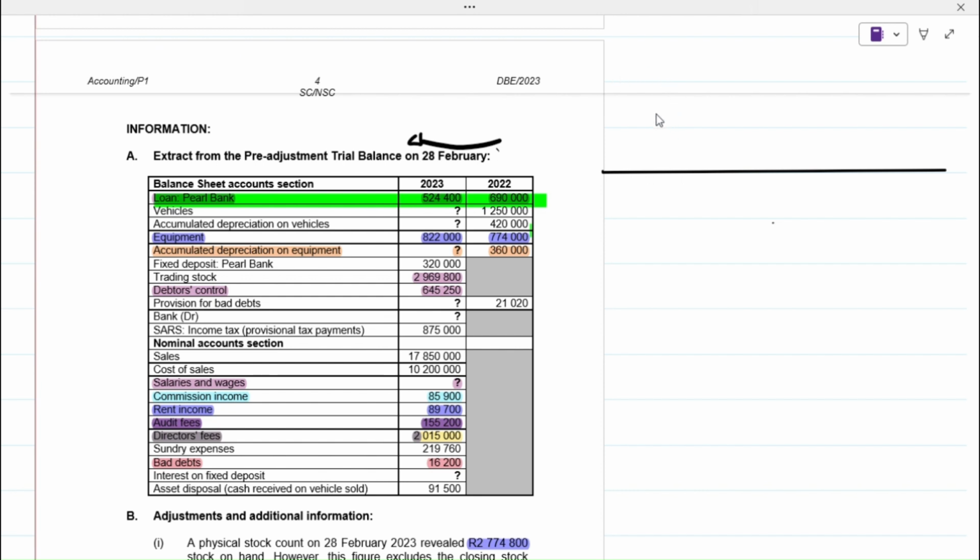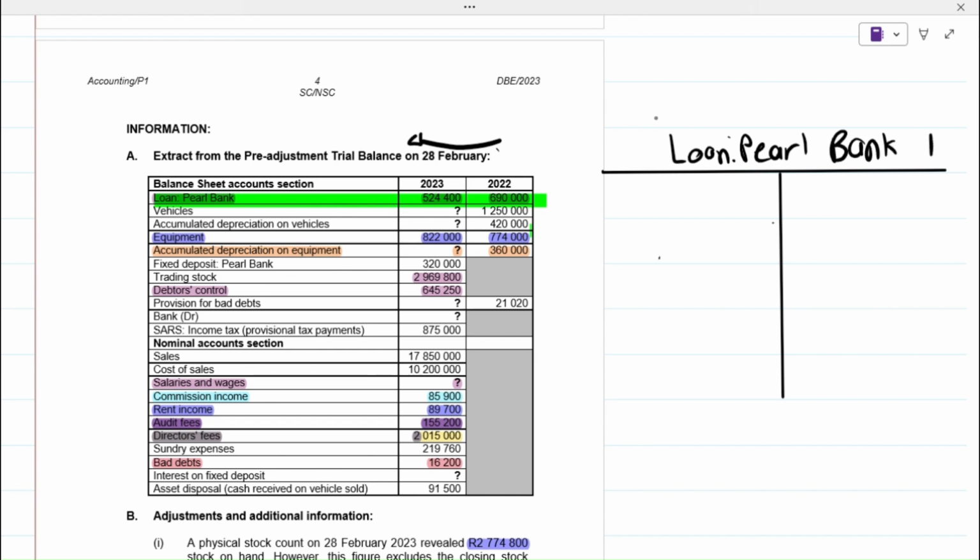So this is my T account, and this is my loan from Pearl Bank. We know a loan is a liability, so it increases on the credit side and decreases on the debit side. So it is a credit account.